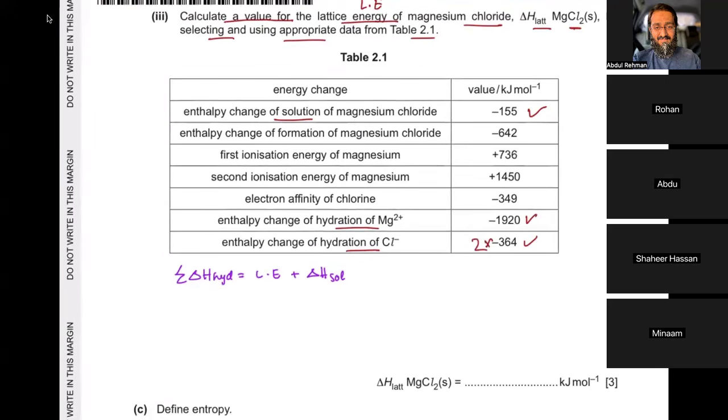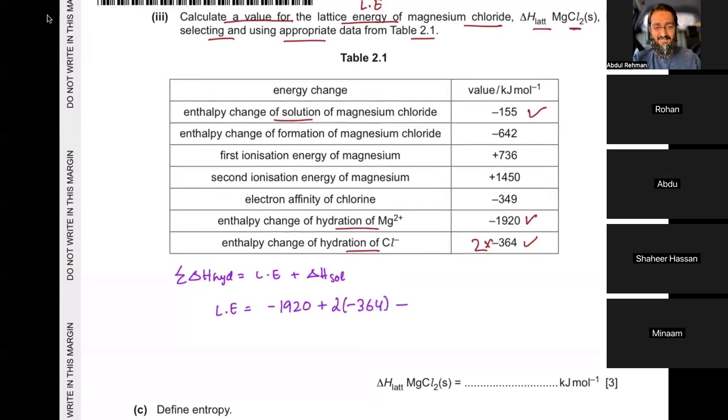So lattice energy is equals to sum of hydration. So we have a hydration of magnesium, 1920, plus twice of the hydration of chloride. And then we have to subtract the enthalpy change of solution.